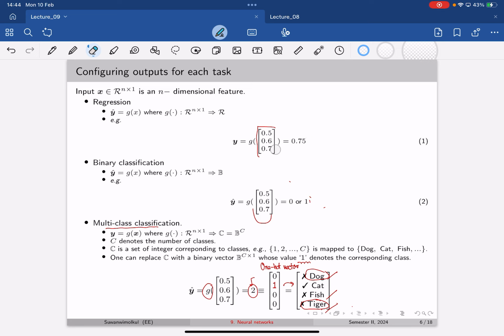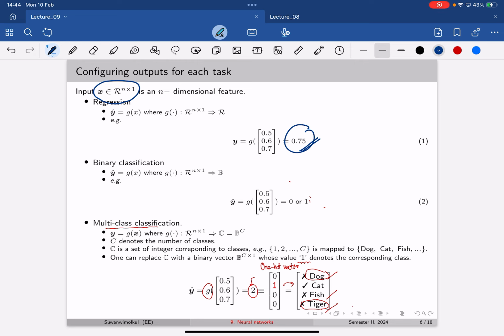For example, if you want to use a neural network for regression, and you have an input in R^n, and you feed that into a neural network, let's say denoted as a G function. If you get a single scalar value, that is a float value, then probably it's a regression task. But in fact, you can get more than a single scalar.